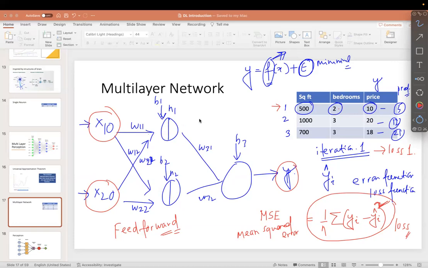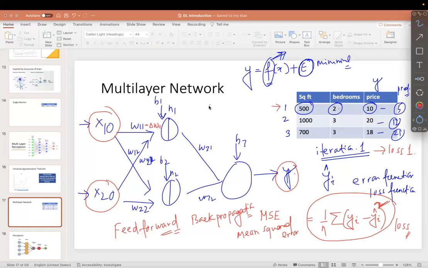So we use a technique called back propagation now. The error is back propagated. In the back propagation process, we estimate how much these weights have to be adjusted.